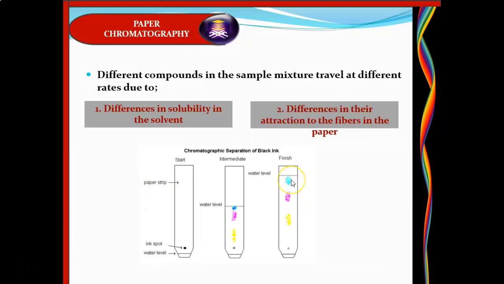So it means that the blue compound separates faster. The second point is that the blue compound has less tendency towards the stationary phase. It also spends less time in the stationary phase and moves fastest, while the yellow one spends more time in the stationary phase. It moves slowest.